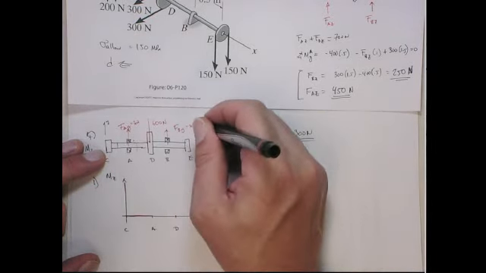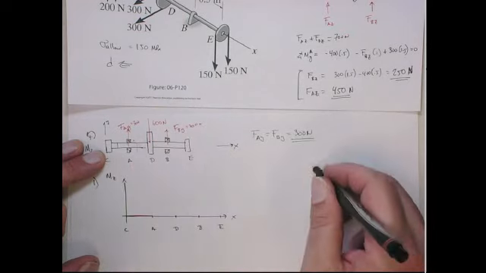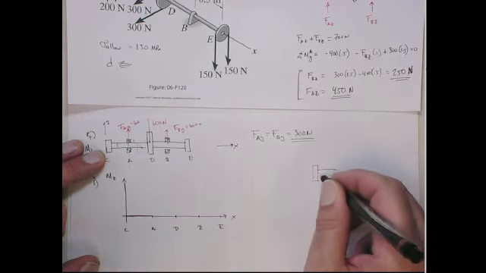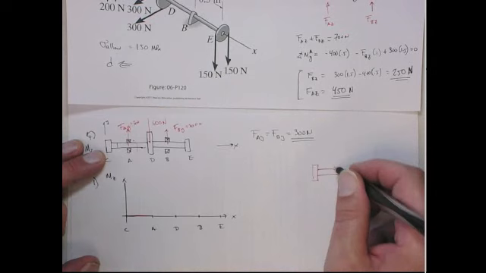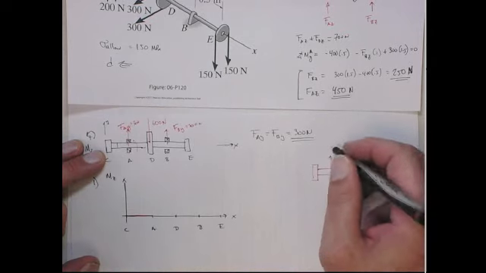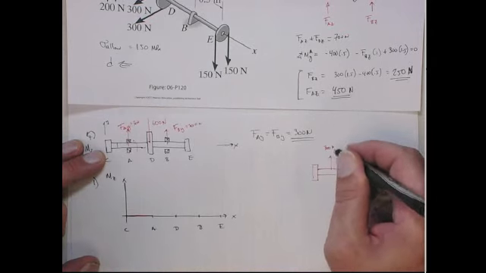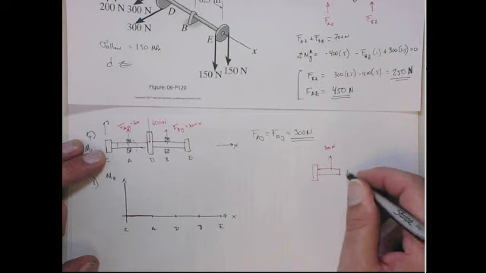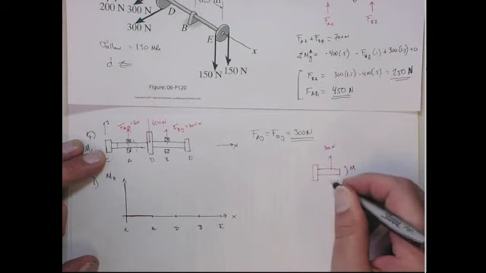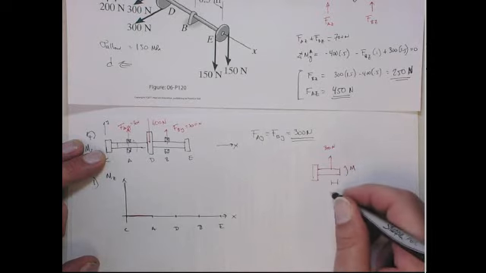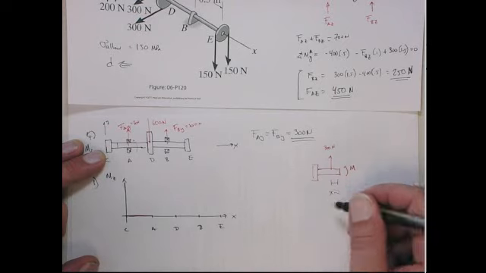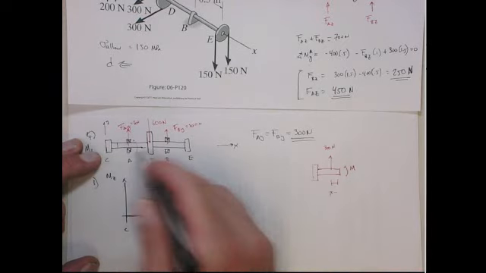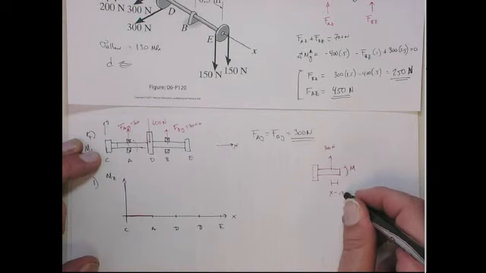Why do I know that? Well, I'll do it once. You can see why. At this point here, I have 300 newtons for general sum force. Here's the internal reaction moment. This distance here is going to be x minus this distance, which is the 0.5.